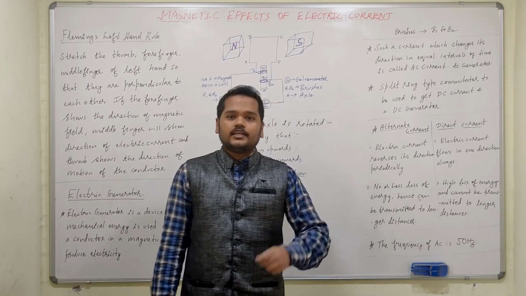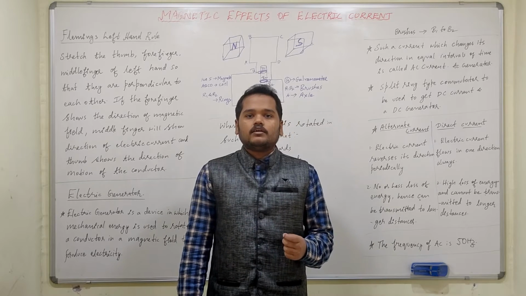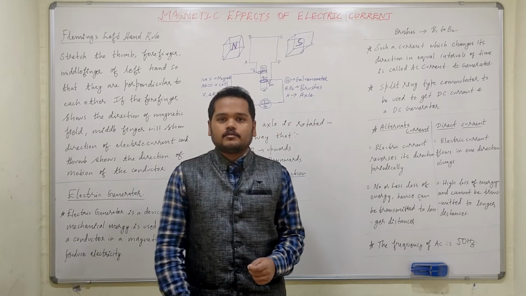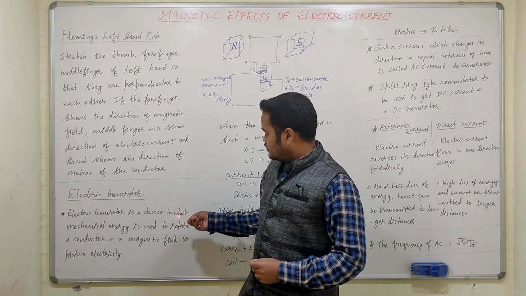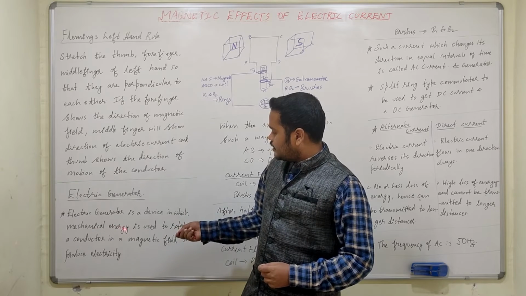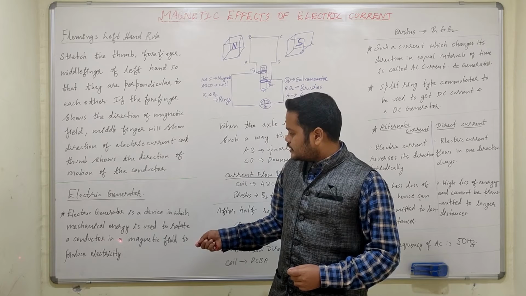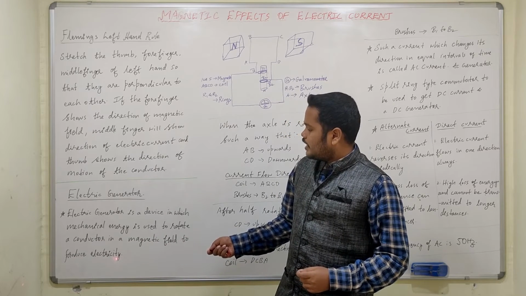The device used for this is called an electric generator. An electric generator is a device in which mechanical energy is used to rotate a conductor in a magnetic field to produce electricity.